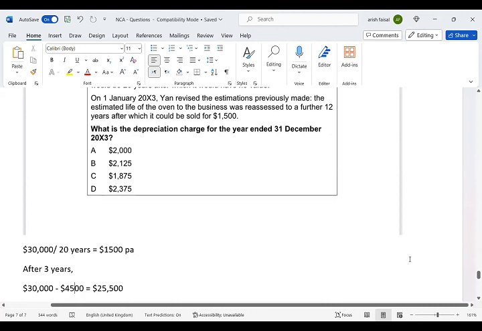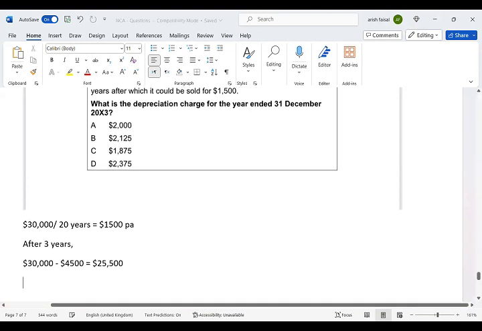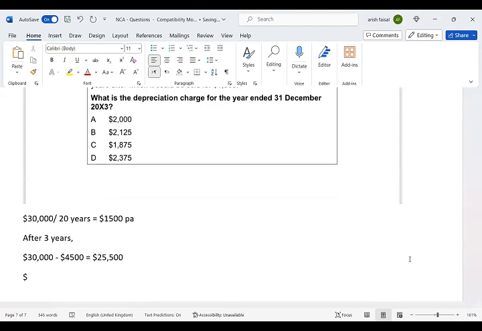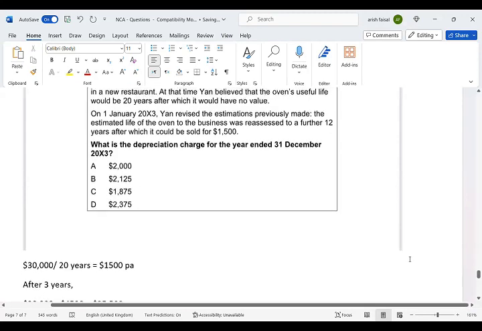On 1st January 2013, when the carrying value of this asset is 25,500, Yan revised the estimations previously made. He estimated that the life of the oven to the business was reassessed to a further 12 years, after which it could be sold for 1,500. So now I'm saying that I expect to get 1,500 by the end of the 12th year.